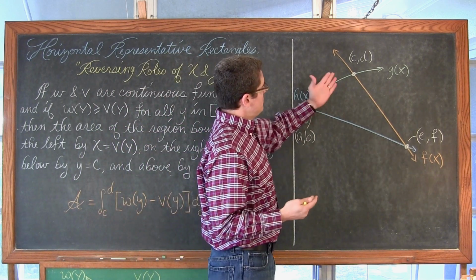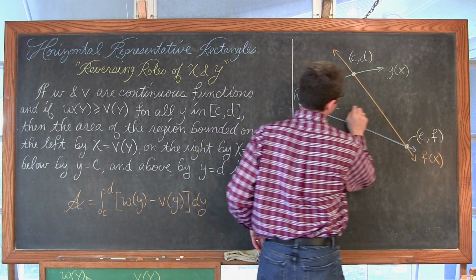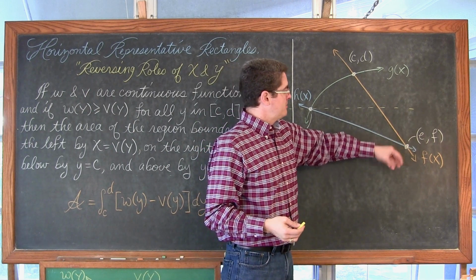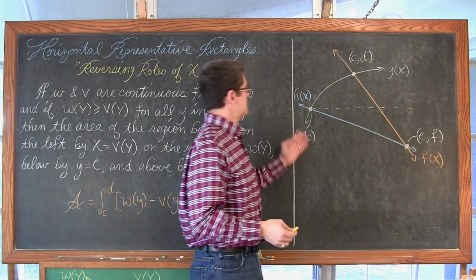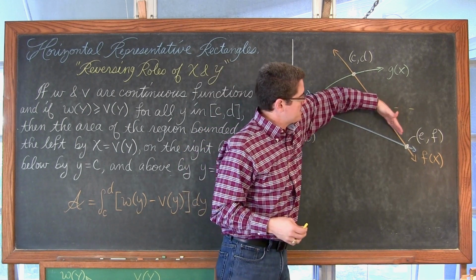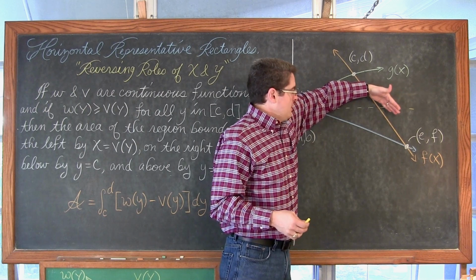If you want to use horizontal rectangles, there's still a dividing line here, and you can see that these are in terms of x, so we'd have to turn all those around, but it would be something where we're taking the y values, or what would it be?